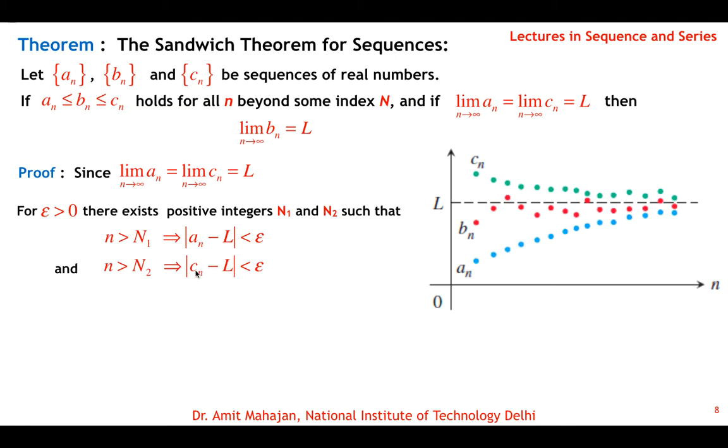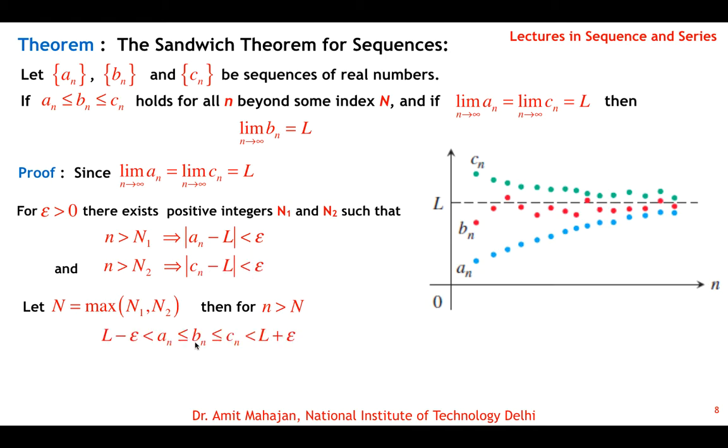If we choose capital N to be the maximum of these two integers, then for all n greater than capital N, both these conditions will be true, and because this condition is also given, we can combine these three conditions. From the first condition, L minus epsilon is less than a_n, and a_n is less than b_n, and b_n is less than c_n, and from the second condition, c_n is less than L plus epsilon.